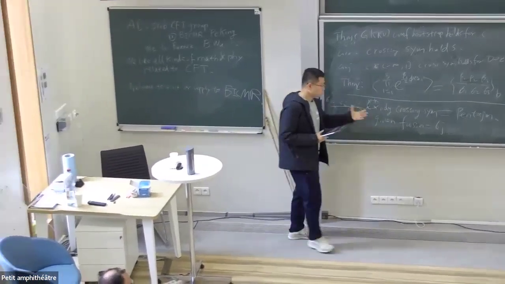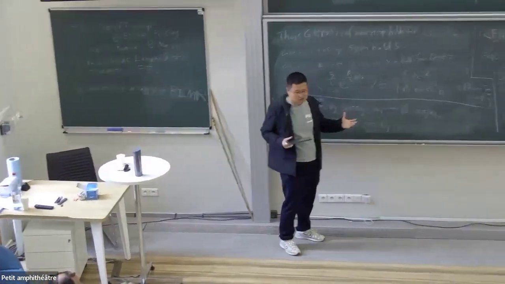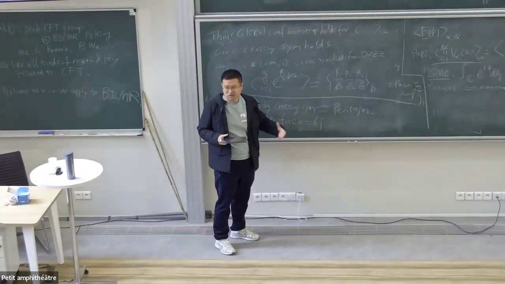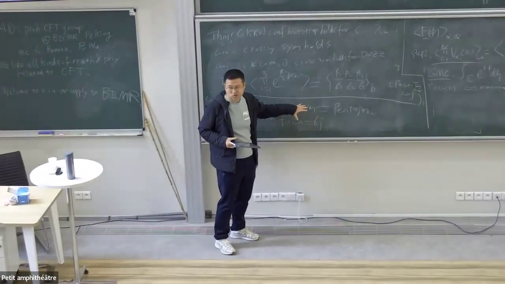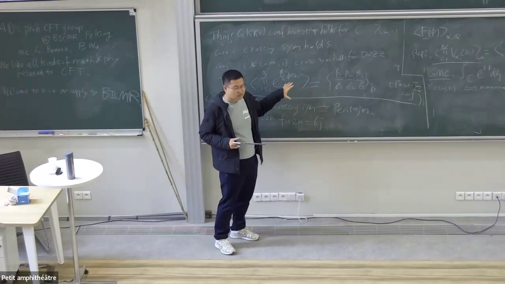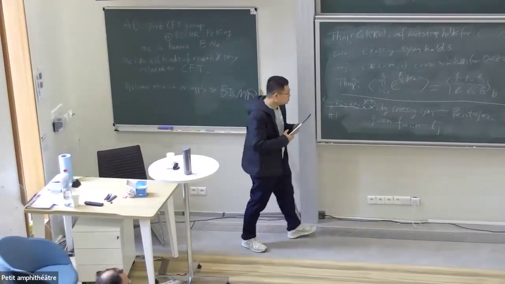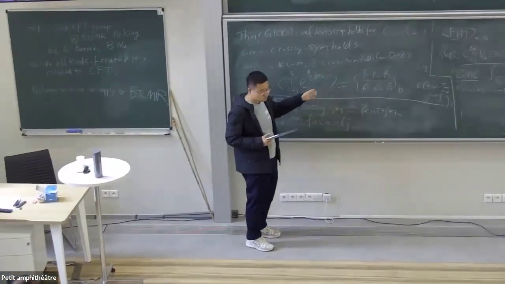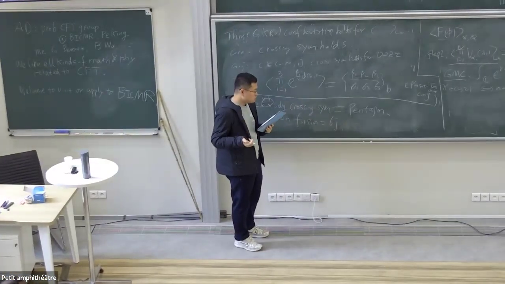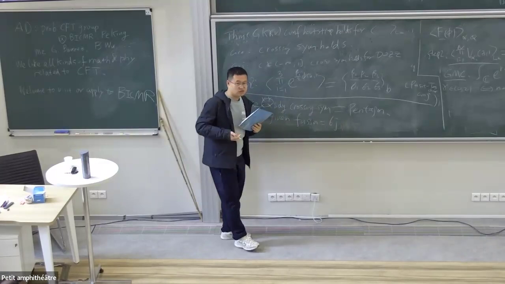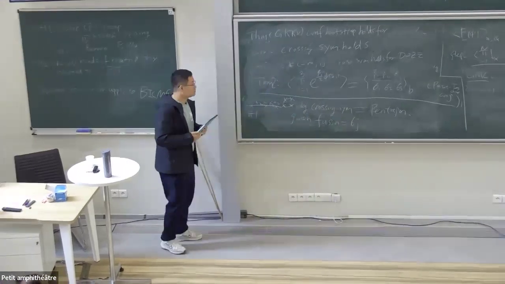And then if you somehow believe that the crossing equation gives you a unique solution, then this would be a natural guess. When I wrote the paper, I think he mentioned that he was inspired by the work of Racah-Wigner, A-series models.